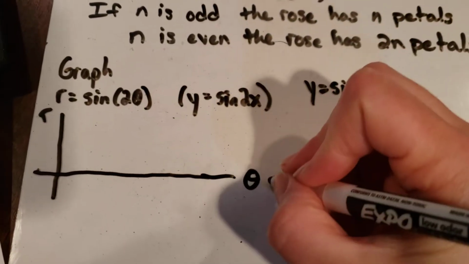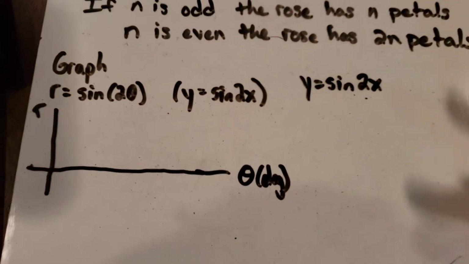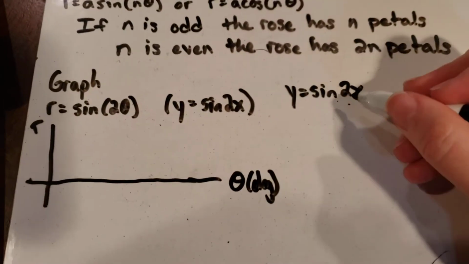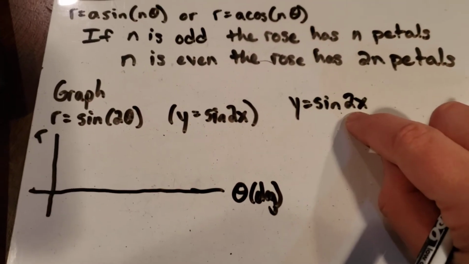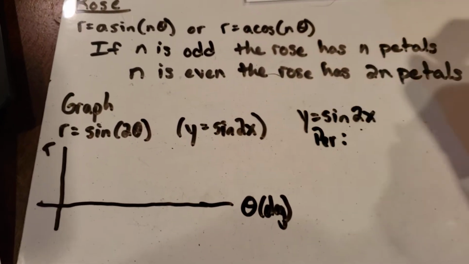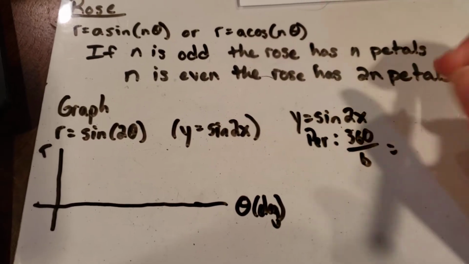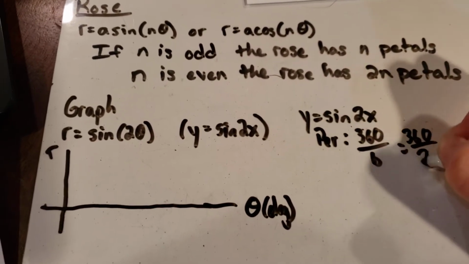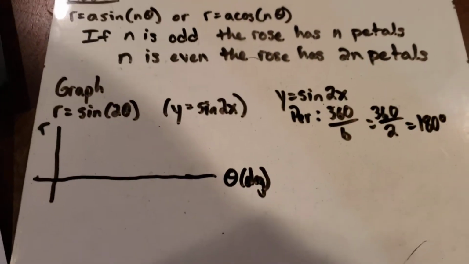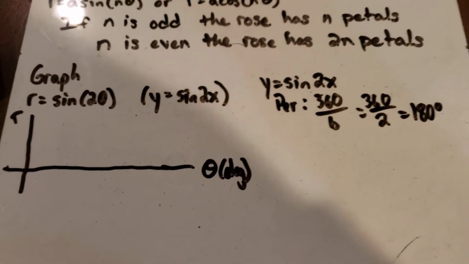So we can do this in degrees. The parent period is 360 degrees, and we are not going to have the same period because we're multiplying x by 2. Remember, period is 2 pi over b, but since we're in degrees, 360 over b, and b is 2, so 360 over 2, so this goes through one cycle in 180 degrees. So this thing is moving faster through its cycle than its parent.